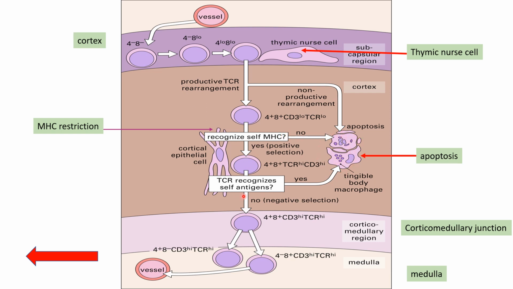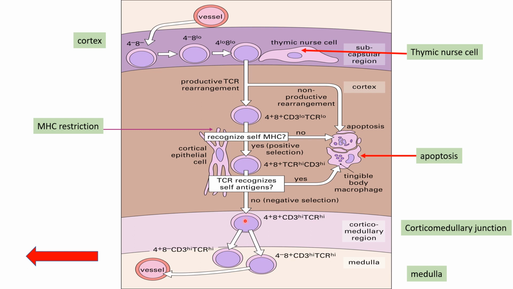Next, the TCR recognizes the self antigen. If they are recognizing the self antigen and reacting with that, then they will undergo the process of apoptosis. Else they will develop self tolerance and then they will move into the corticomedullary junction. In the corticomedullary junction, the lymphocyte will meet the macrophages.